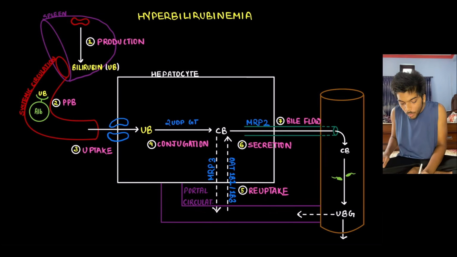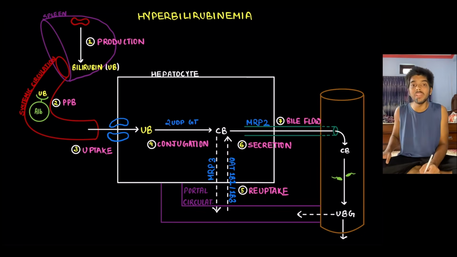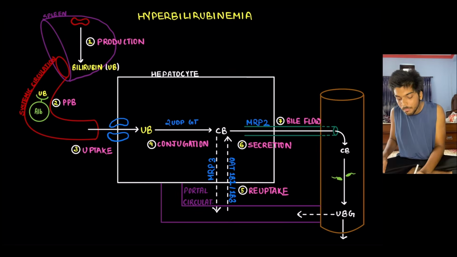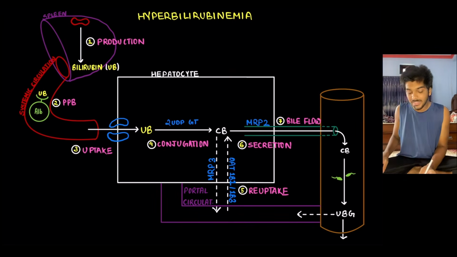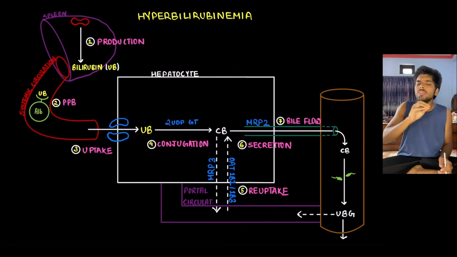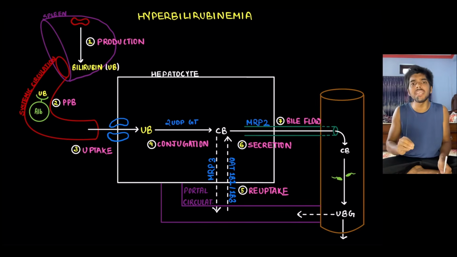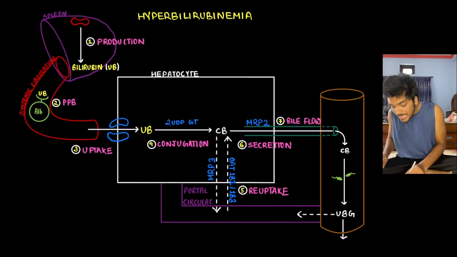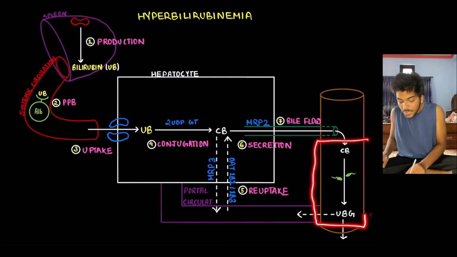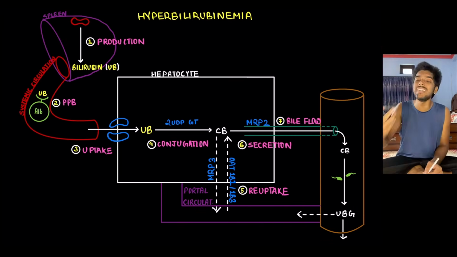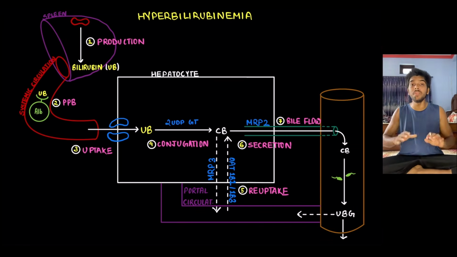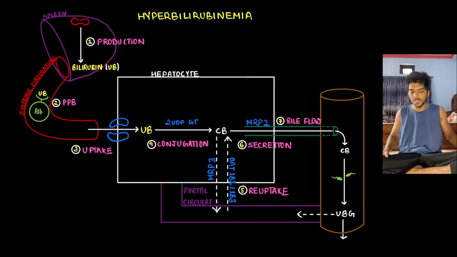However, with the help of OATP1B1 and 1B3 protein, it was reuptaken. Then sixth, the conjugated bilirubin present within the liver is secreted into the bile canaliculi with the help of multi-drug resistant protein 2. Then seventh, it flows along with the bile through the biliary system to the second part of the duodenum. And then finally, inside the duodenum, the conjugated bilirubin is metabolized by gut bacteria into urobilinogen, and the urobilinogen gets excreted out along with feces and urine.